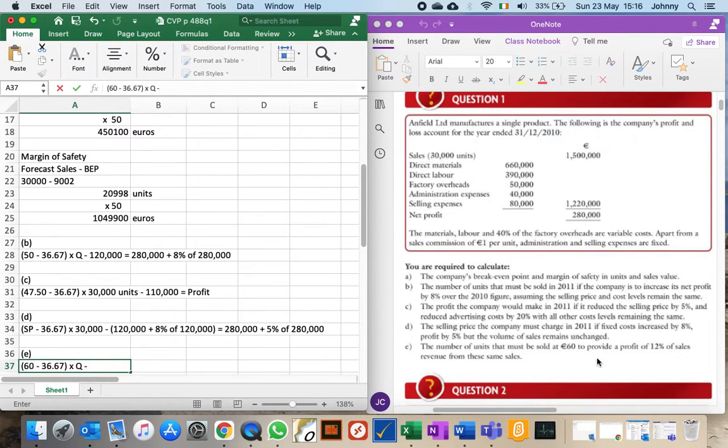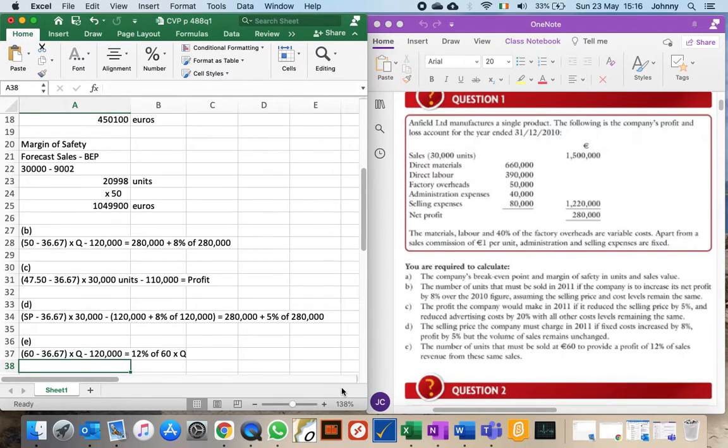No mention of fixed cost changing, so there's still the 120 grand that we had at the beginning. Equals, now the profit is 12% of the sales revenue. That sales revenue is the sales price times quantity, so the sales price is 60 euro multiplied by quantity.